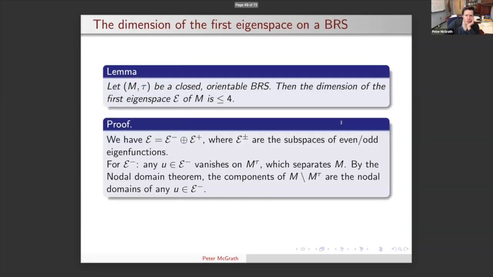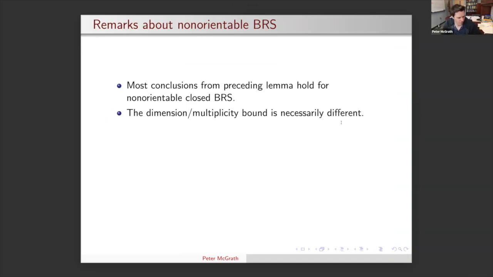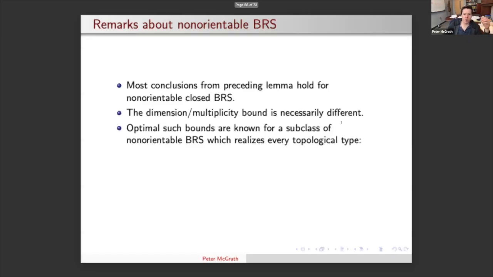So most of those conclusions hold if one has a minimal immersion of a non-orientable basic reflection surface. But of course, the dimension bound would have to be different because, for example, by Alexander duality, you can't even embed a non-orientable closed surface in S3. So you would need at least to go to S4.